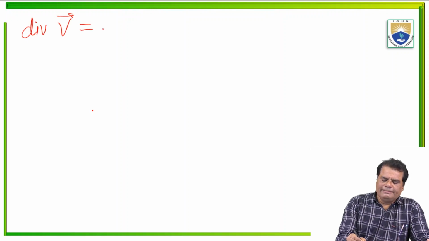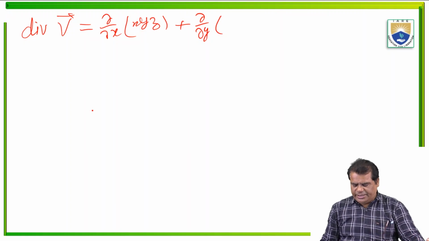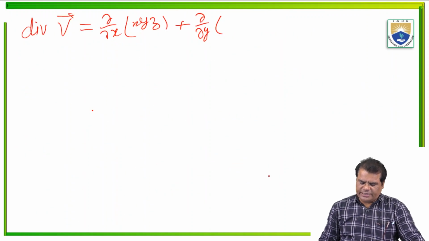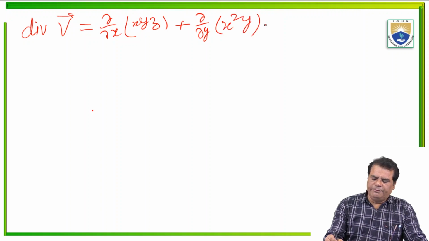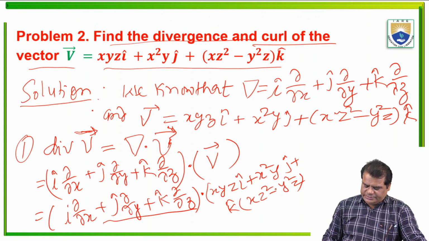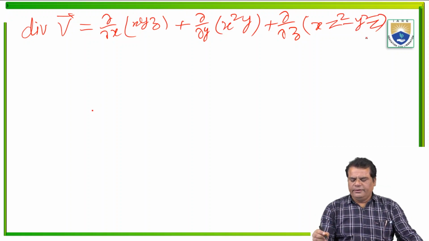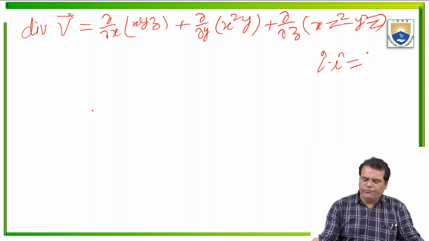This equals dou over dou x of xyz plus dou over dou y of the coefficient of j, which is x square y, plus dou over dou z of the coefficient of k, which is xz square minus y square z. i dot i is 1. j dot j is 1.